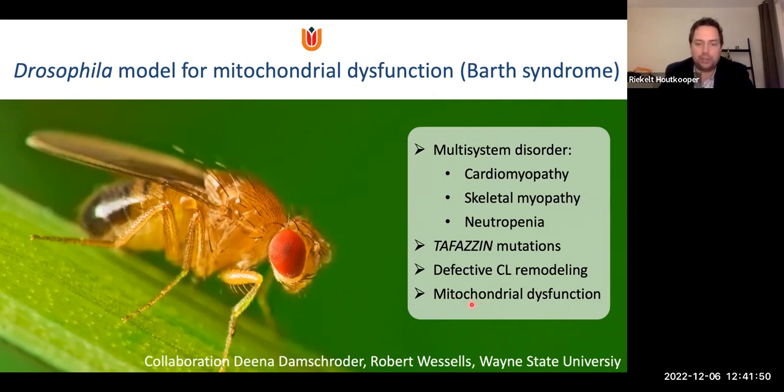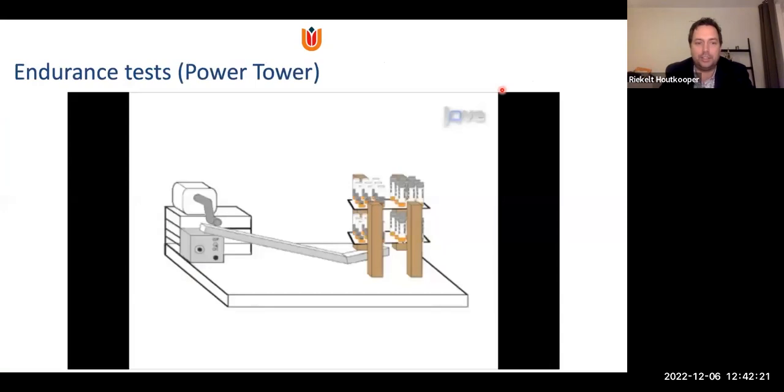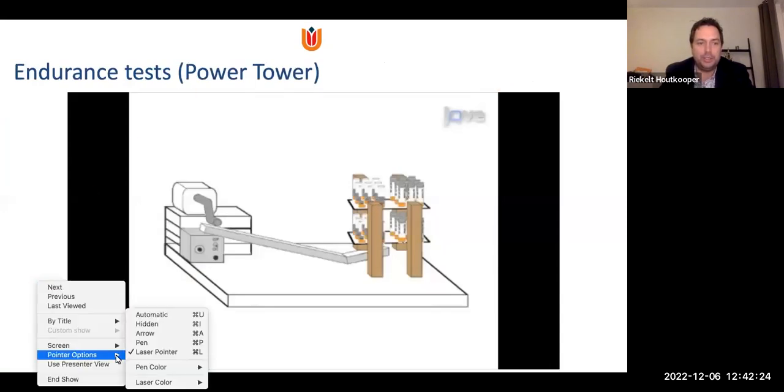This causes a massive mitochondrial dysfunction because cardiolipin also acts as sort of a glue in the inner mitochondrial membrane, holding the respiratory chain complexes together for efficient electron transfer. This is a disease that we've been interested in for a long, long time, also because Professor Barth, who first extensively described the disease, was actually from our institute. So this is a historic research line that we still actively pursue to this day.